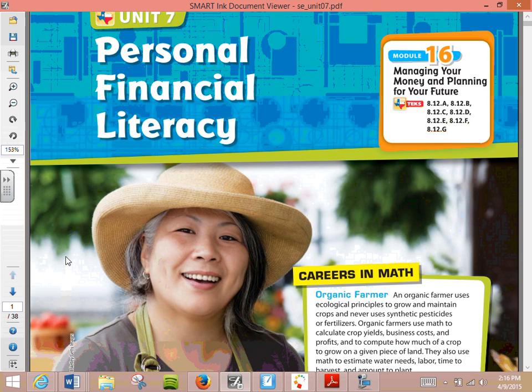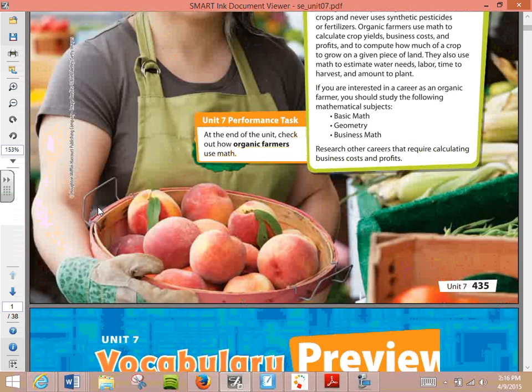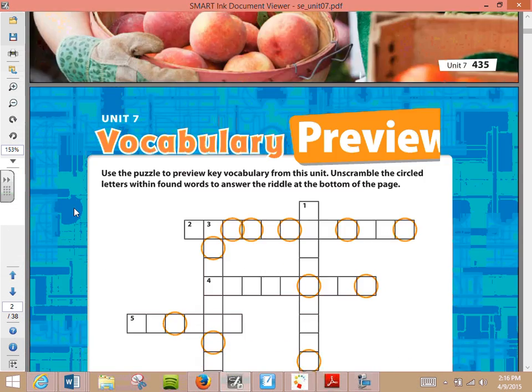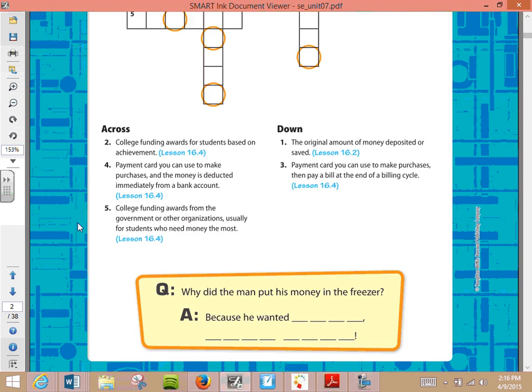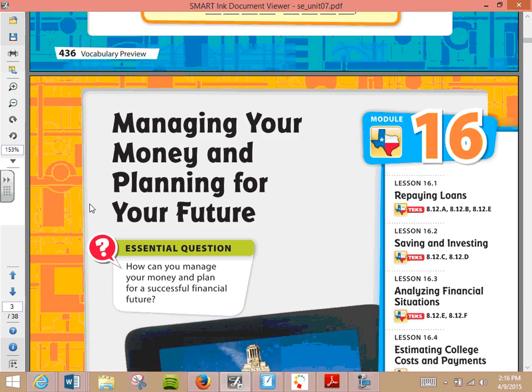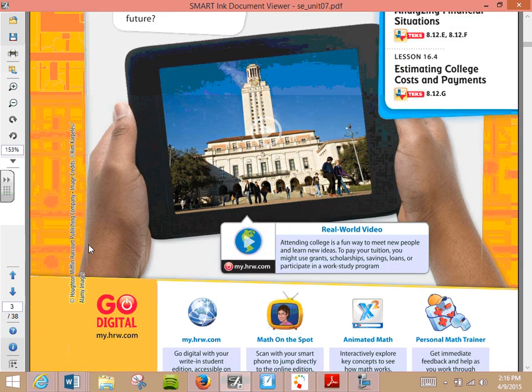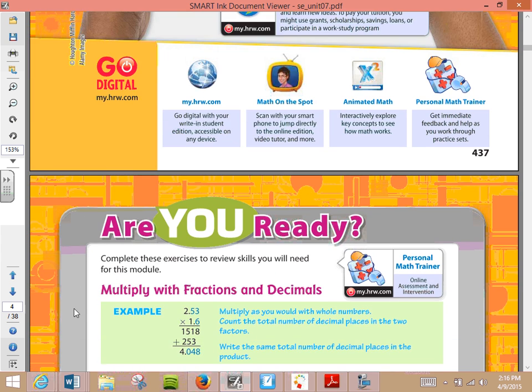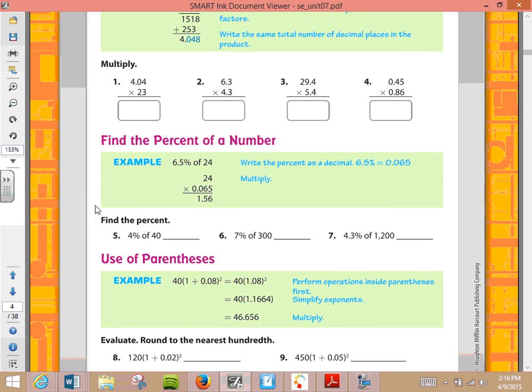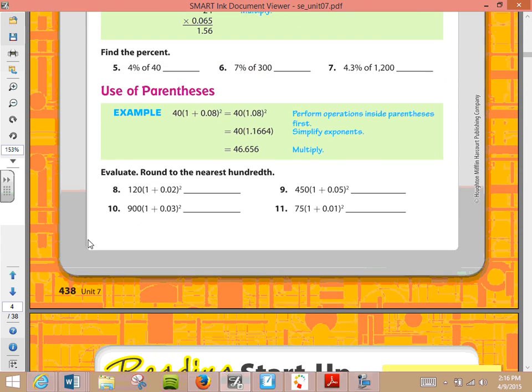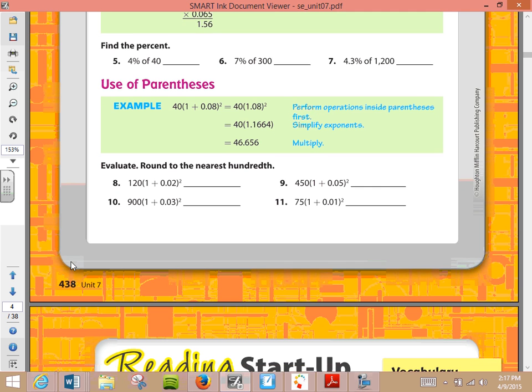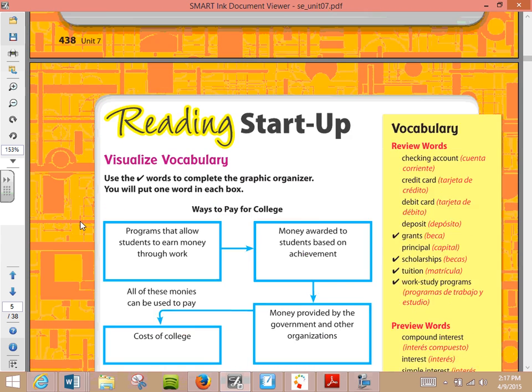This is page 435. Keep moving. Planning your future. We're doing interest, yes.